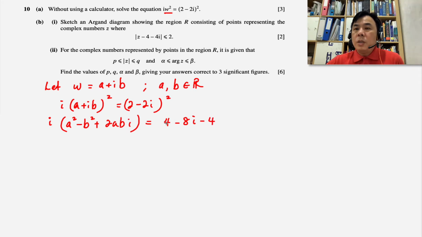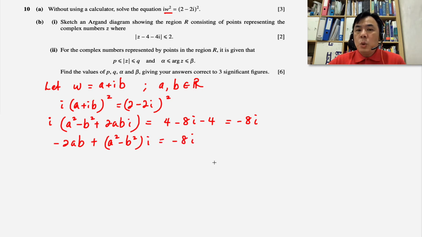All right, now you will see that the real parts have been cancelled out, only left with the imaginary form. And then on my left hand side, I'm going to group the like terms, those imaginary parts together, and then the real parts together. And then I get 2ab plus (a squared minus b squared)i.